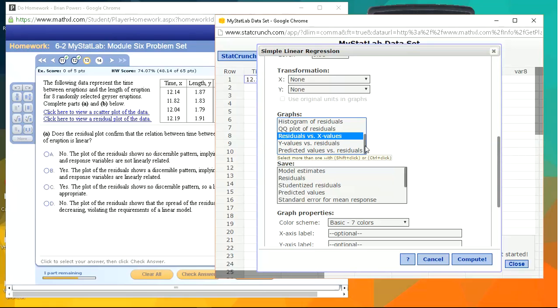So in addition to getting our linear model, we're going to get residuals versus x values. You can also get the fitted line plot. That's kind of nice, so you might as well get the fitted line plot as well. I'm going to hold down Control and compute both of these things.